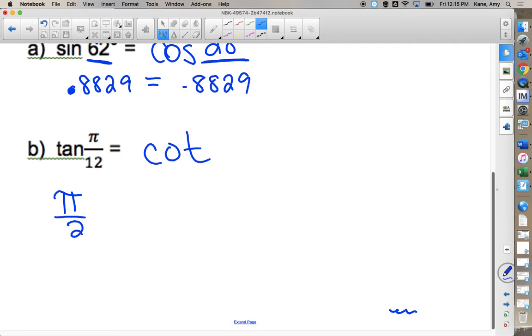So if they have to be complementary, it's two positive angles that add to be pi over 2. So that means that I have to take the angle that I have and subtract it from pi over 2. So I'd get a denominator of 12. That means I have 6 pi over 12 minus pi over 12, Julian, which is 5 pi over 12. 5 pi over 12.